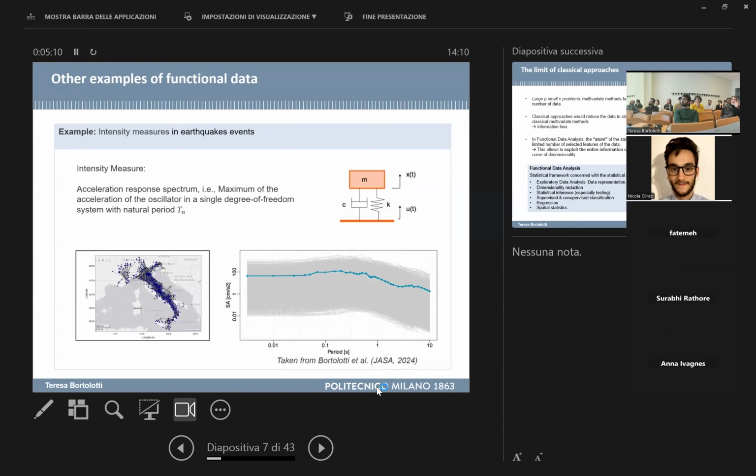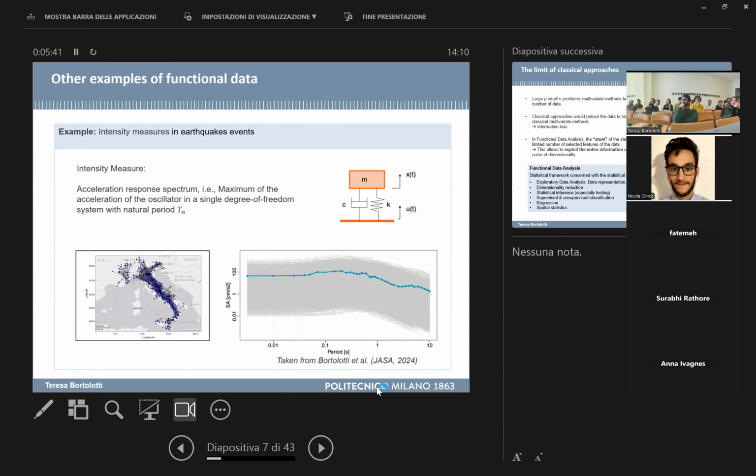This is an example that has a lot to do with the final application that we will see today. It has to do with a seismological data set concerning Italy. Whenever an earthquake occurs in Italy, there are some stations spread all over the Italian territory that register the arrival of a seismic wave. At the stations, the seismic wave is recorded by a collection of harmonic oscillators with a natural period of oscillation.